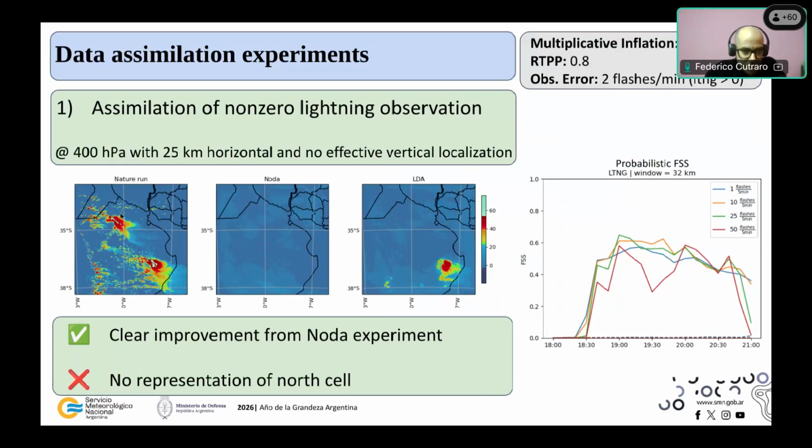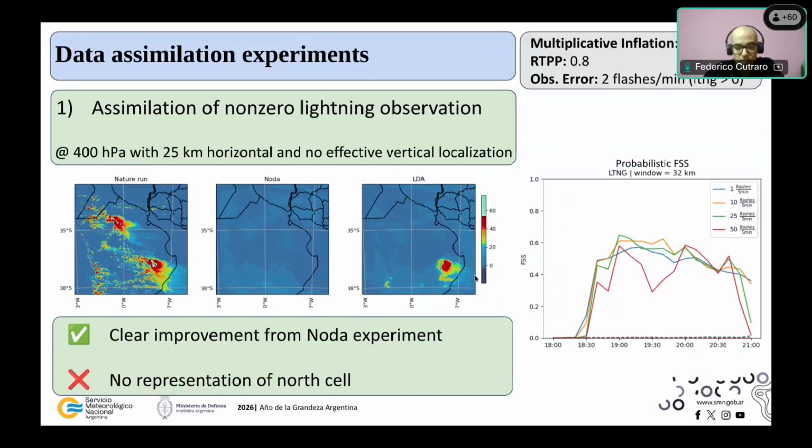In this image, I show the nature run, the ensemble mean NODA forecast, and the lightning data assimilation experiment. These are both ensemble means, and they are for 21 UTC at the end of the assimilation cycle. I didn't mention this is the column maximum reflectivity in the forecast.